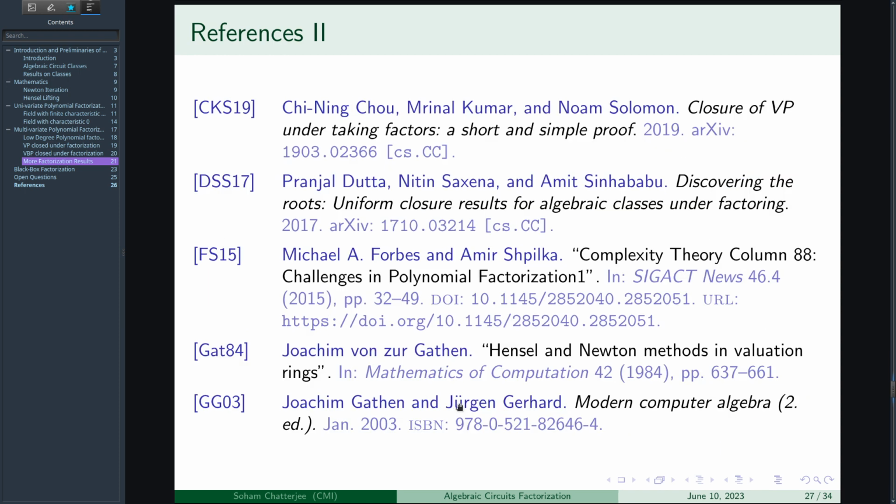You can also start reading this book, Modern Computer Algebra by von zur Gathen and Gerhard, which is a very good book for computational algebra and number theory. You can read more about Hensel lifting and Newton iteration from Gathen's paper, Hensel and Newton methods in valuation rings, and also in Modern Computer Algebra. You can read those two things from both of these.